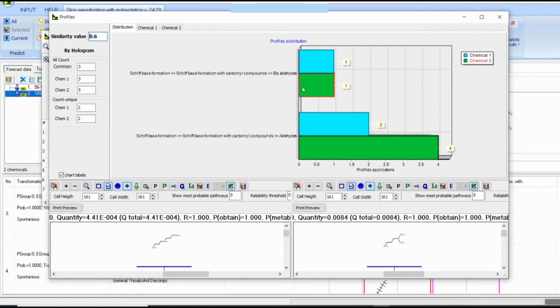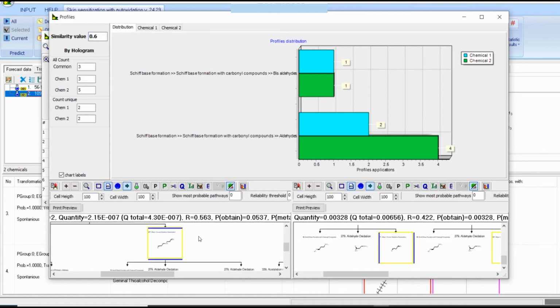For example, the bis-aldehyde alert has the same frequency in both chemicals. However, the aldehyde alert has different frequency in both analyzed chemicals. The metabolites with identified common mechanism can be seen in the simulated maps of both chemicals.